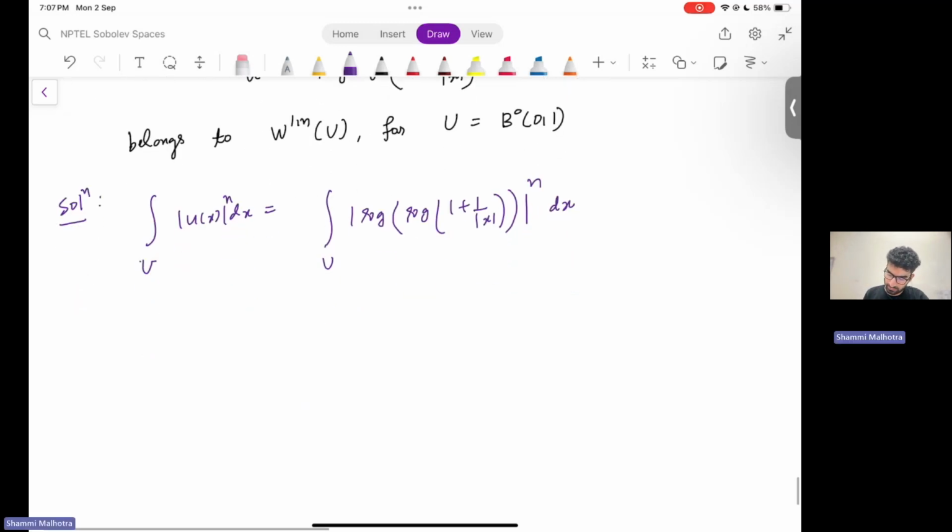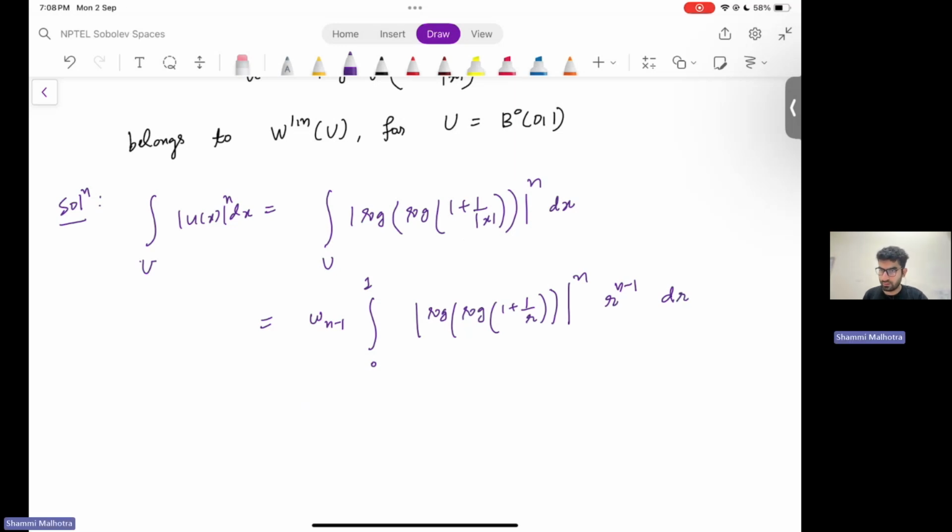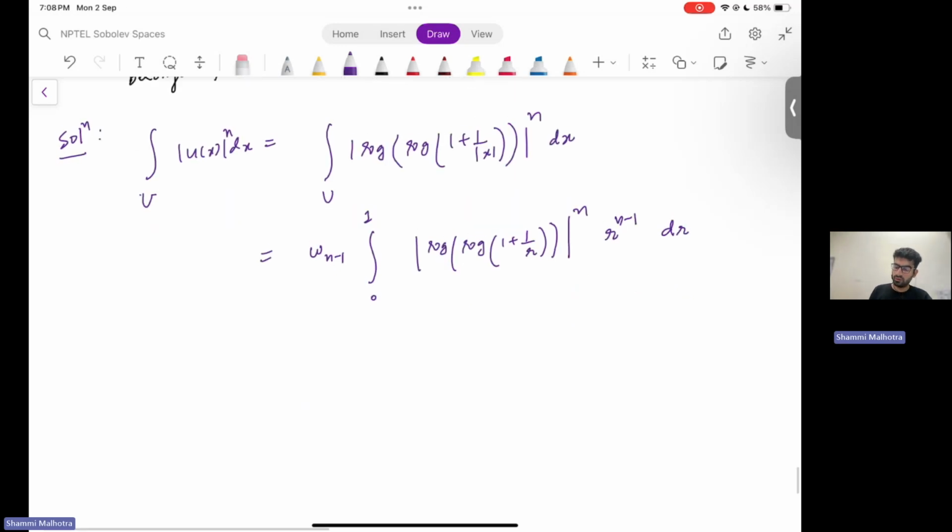Next, this actually can be done in polar coordinates to be omega n minus 1 times the integration for r from 0 to 1 of mod of log of 1 plus 1 upon r whole power n, times r to the power n minus 1 dr. So this is a continuous function except it has a singularity at r equal to 0.